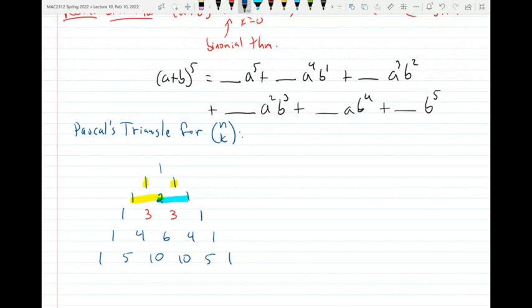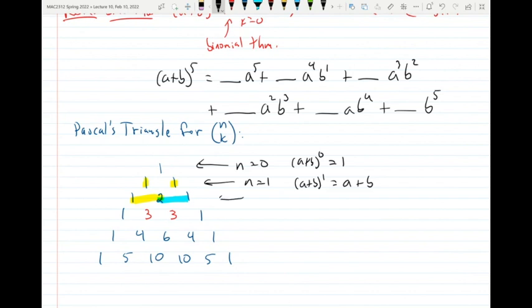Now, what's the meaning of these rows? Well, the row has to do with n in the binomial. So this right here is when n is 0. This right here is when n is 1, because think about it. When n is 0, you have (a plus b) to the 0. That's 1, right? This is when n is 1, and this is just a plus b. So the coefficient of a is 1, the coefficient of b is 1, okay?